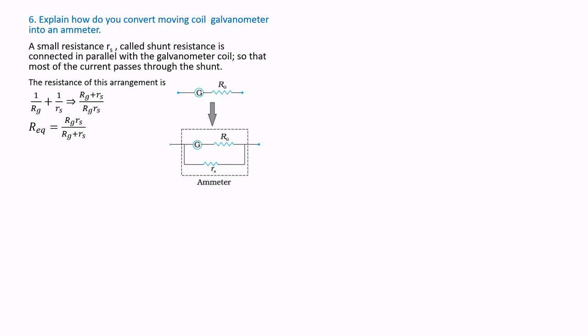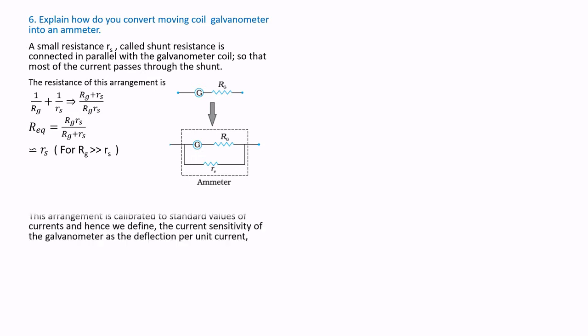Therefore, R equivalent will be equal to Rg Rs divided by Rg plus Rs, that is approximately equal to Rs. This arrangement is calibrated to standard values of currents and hence we define current sensitivity of a galvanometer as the deflection per unit current. Phi by I is equal to NAB over K.